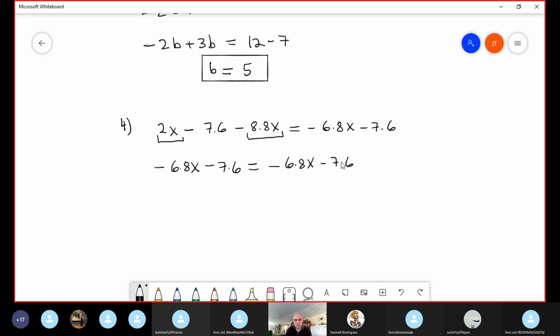Wow, this is weird, Professor, because this expression is exactly the same as this. When this situation happens, it's because this is an identity. Identity means that this equation has infinitely many solutions.